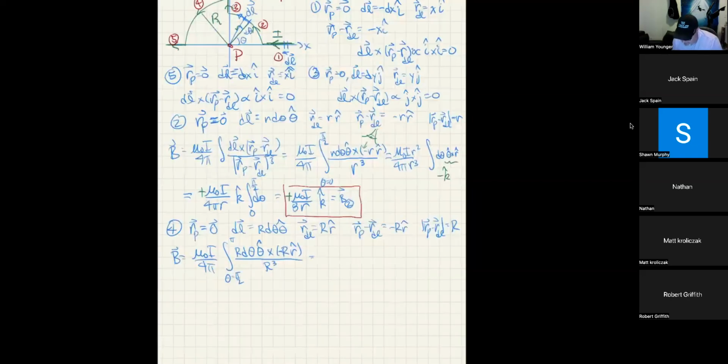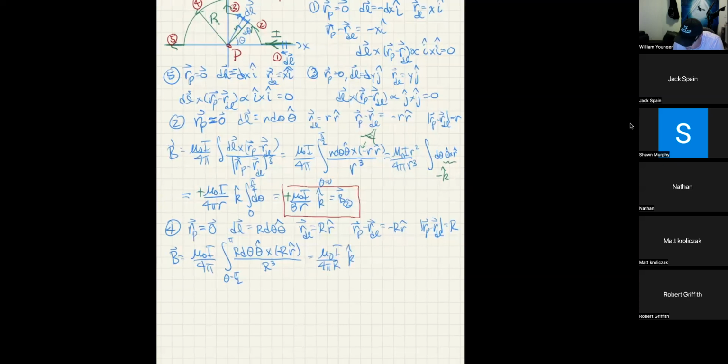So in this case, the same thing's going to happen, and that's as you expect. Since they're both going the same counterclockwise direction, you suspect both of them are going to contribute a magnetic field that points in the same direction. So I'm going to get the mu 0 I over 4 pi big R, because the r squared and the r cubed cancel out, leaving an R in the bottom. That's going to be in the k hat direction.